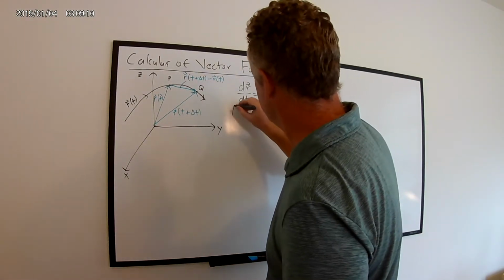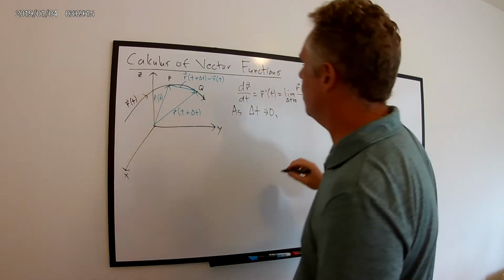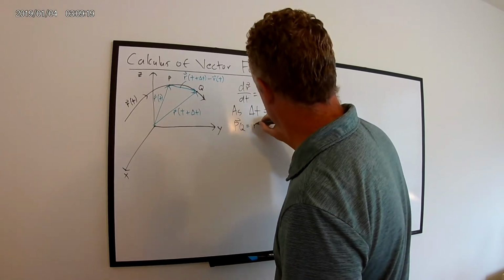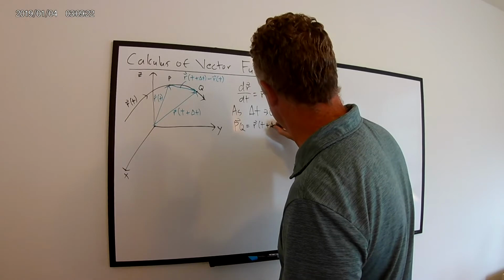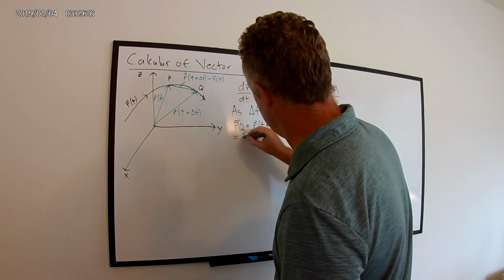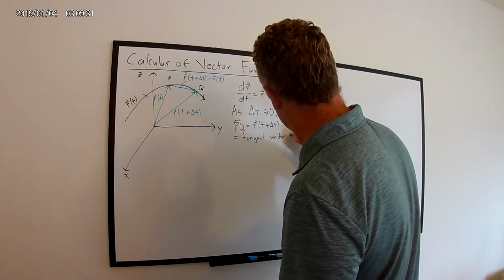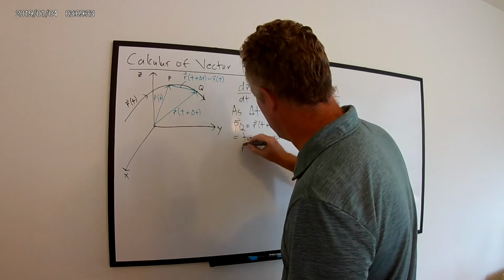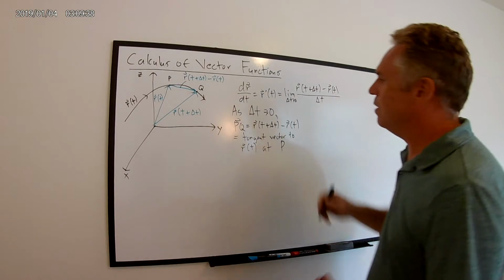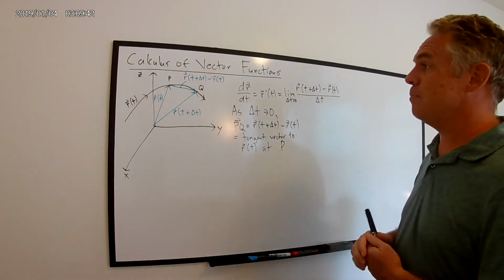As the interval delta t shrinks to 0, then the vector PQ, which is equal to r of t plus delta t minus r of t, becomes the tangent vector to the space curve r of t at the point P.